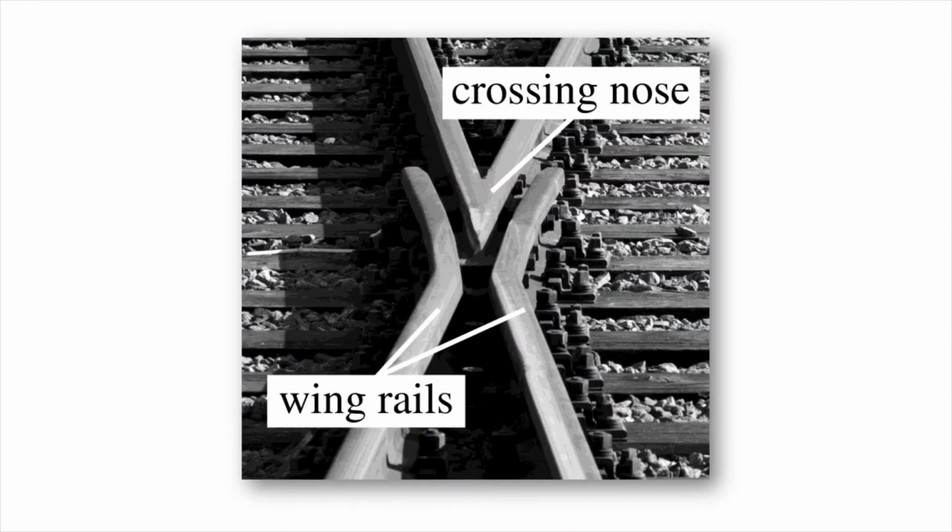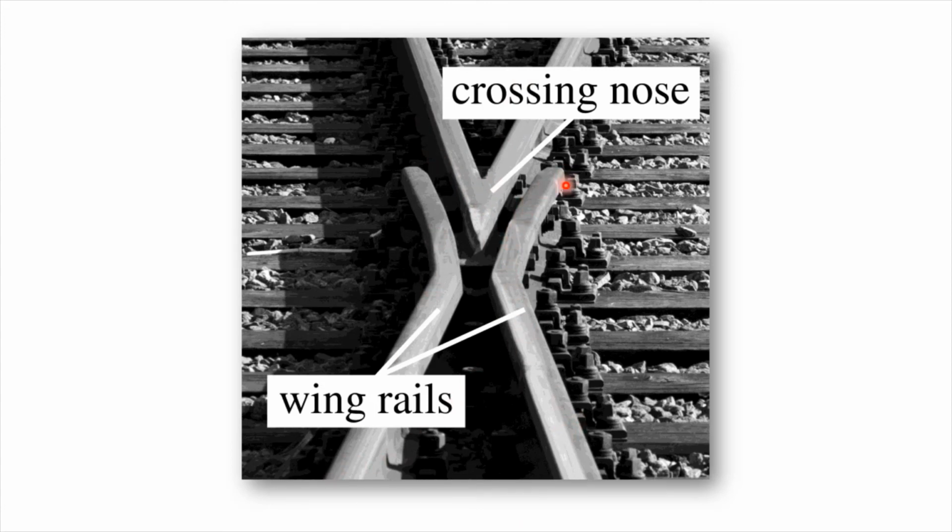This is another figure explaining the crossing nose as well as a wing rail. This nose is formed by this splice rail or point rail. How it is connected at the end determines whether it is called a splice or a point rail. You can say this is the splice rail and this is the wing rail which flares at the crossing.